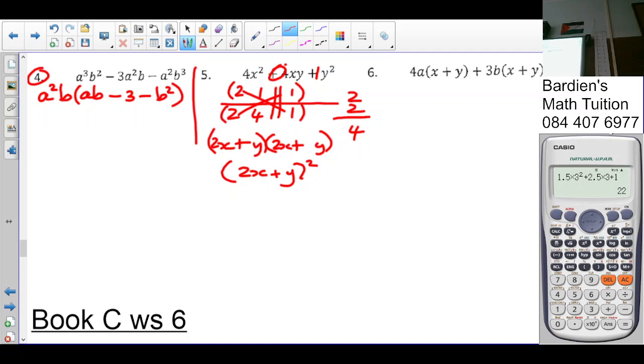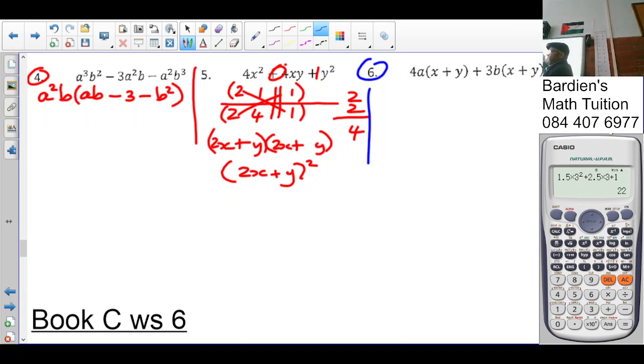Okay. Let's look at number 6. What can be done first? What do you notice here? You can, but then you have to factorize it again. Yes?